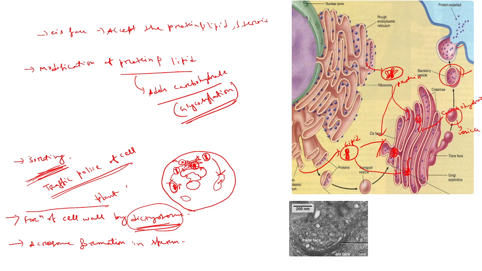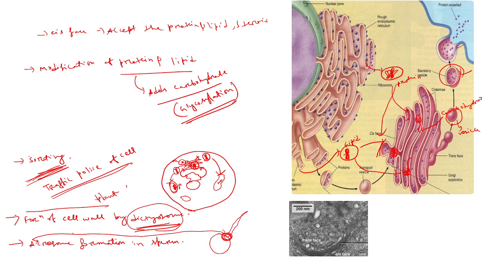So what is the acrosome formation? During fertilization, let's say this is the ova, this is the sperm. Some reaction is required for the fertilization, and this reaction is called the acrosome formation. So the Golgi in the sperm also helps in the acrosome formation that is needed for fertilization.